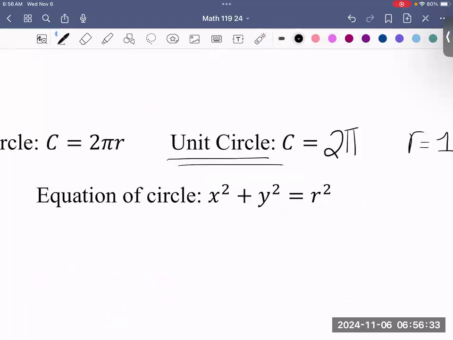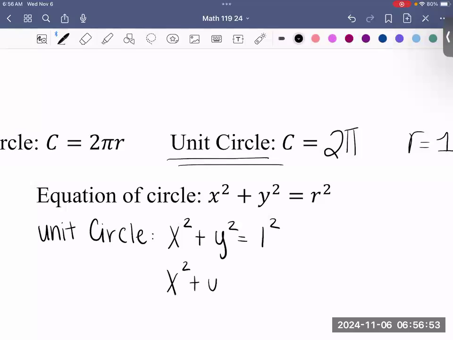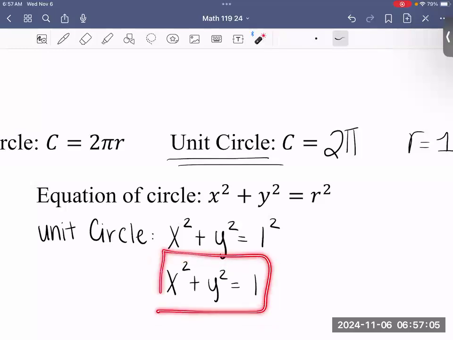We can have a radius of a regular circle being more than 1, but for our case, when it comes to the unit circle, we can go ahead and rewrite this equation to say x squared plus y squared is equal to 1 squared, which is just 1. You're going to be seeing a lot of this formula down the road, especially when we apply it to trig identities, but I definitely want to show you it now.